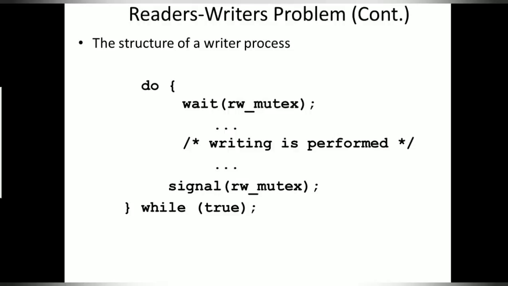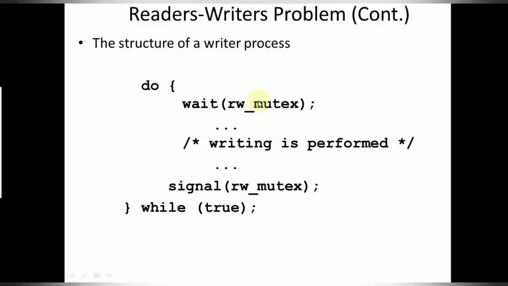As said earlier, if a writer process wishes to write, we must ensure that only one process is writing. So we are using wait and signal. Whenever the writer process wants to write or manipulate the shared data, it runs wait of read-write mutex.